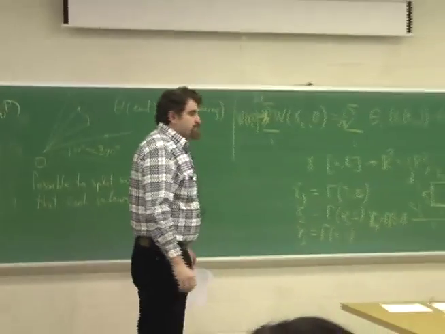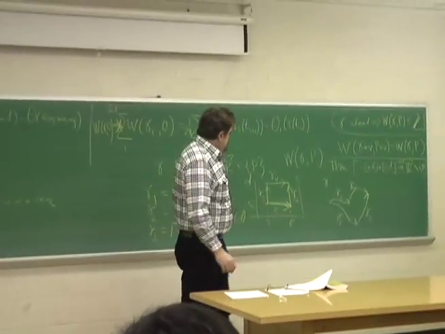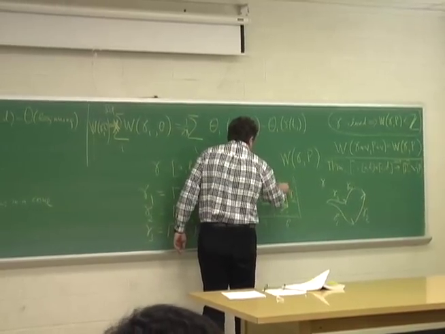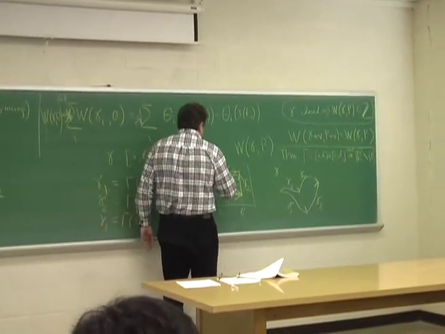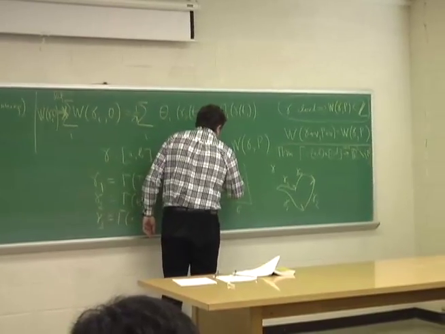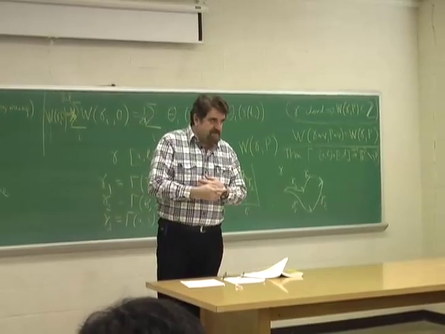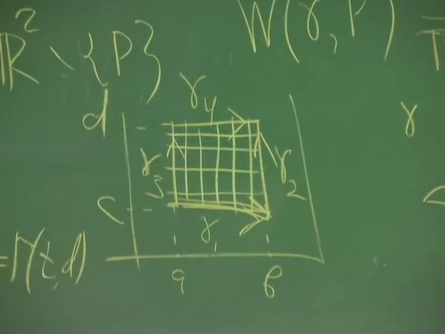The idea how to prove it is very simple. Let me split this rectangle into very small subrectangles, so that the image of every subrectangle is in a cone.